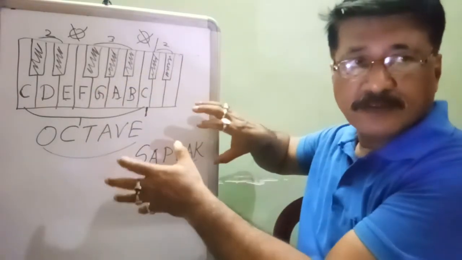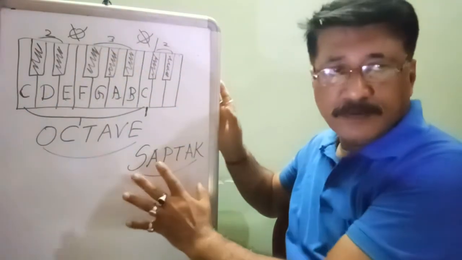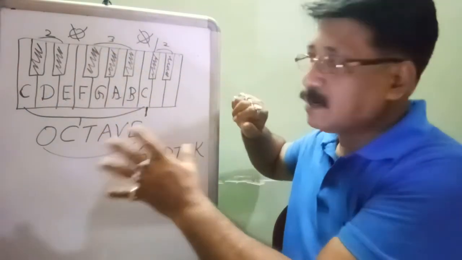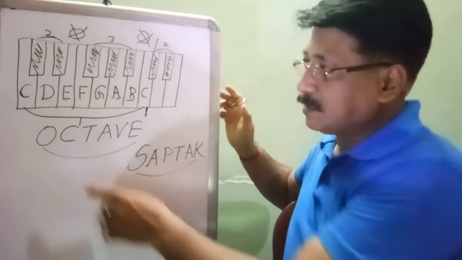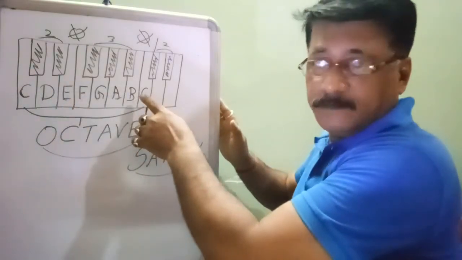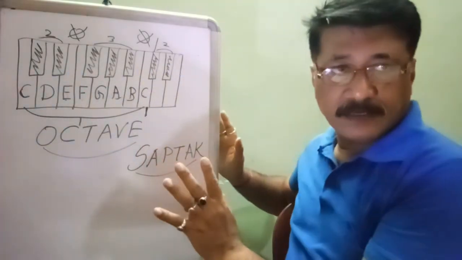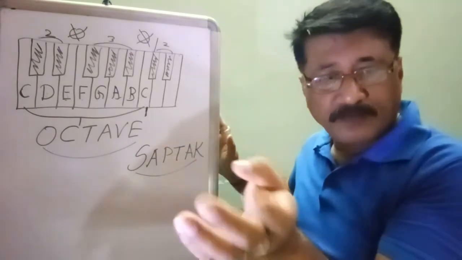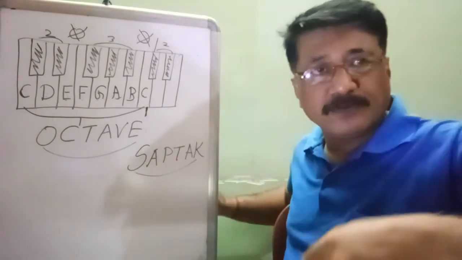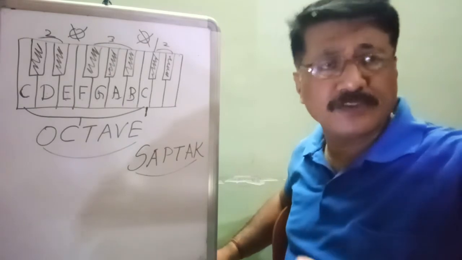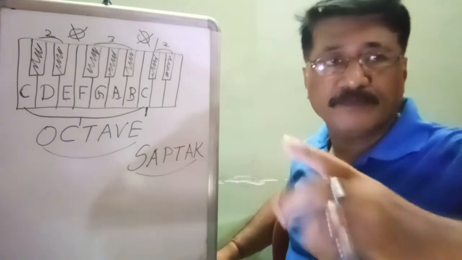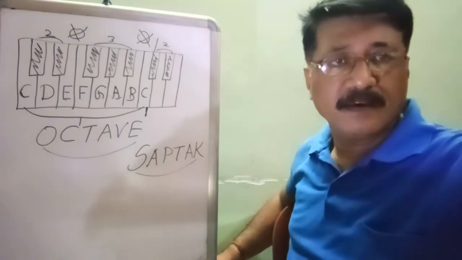This is the basic concept of the fundamental of music, and the sharps and flats make the 13 notes plus. These keys are natural and these are the sharps and flats. You will find this concept in guitar, mandolin, ukulele, any string instrument. That is the fundamental.